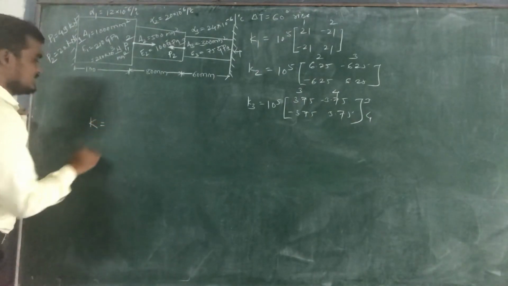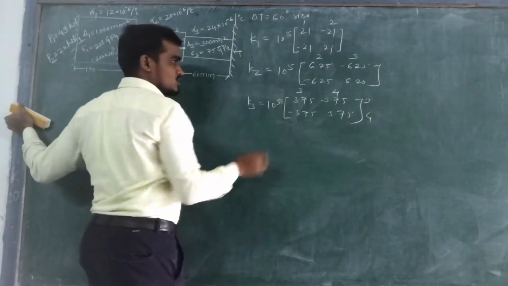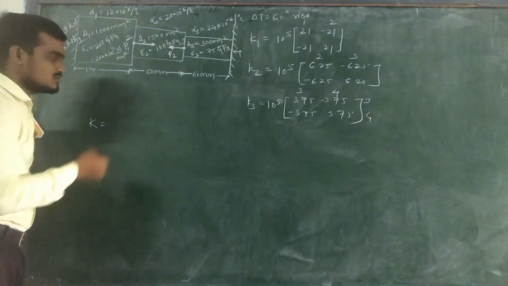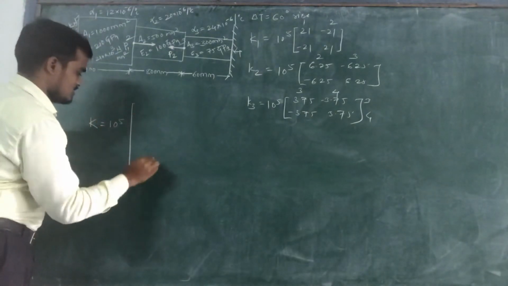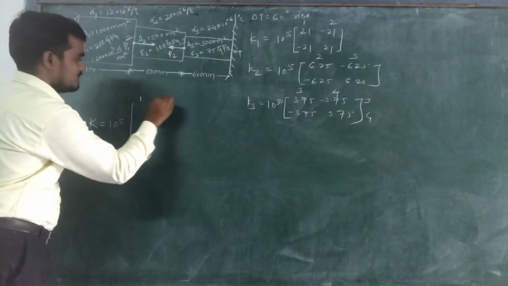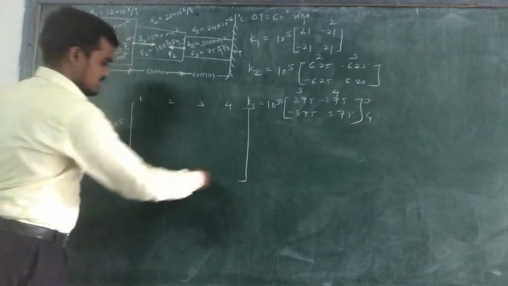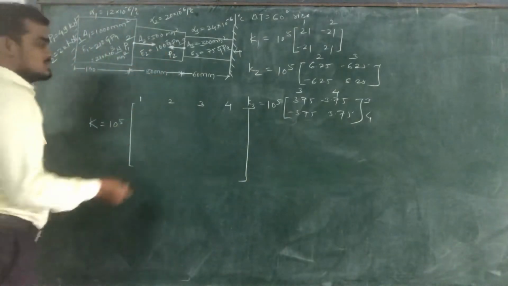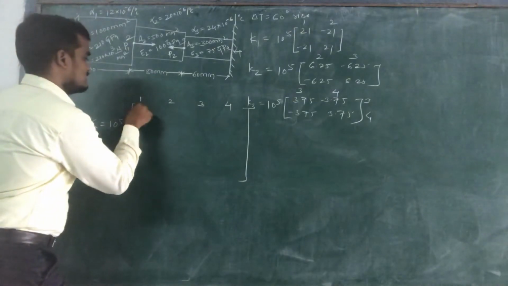K is equal to, now this 10 raised to power 5 is common to all elementary stiffness matrices. So taking 10 raised to power 5 as a common, 1, 2, 3 and 4, write down elementary stiffness matrices for the positions. Between 1 and 2, 21 is there.